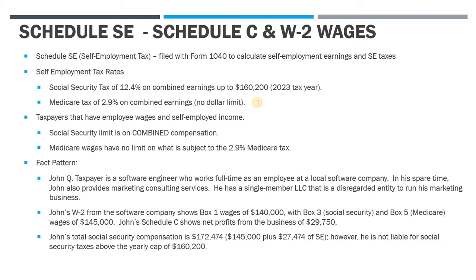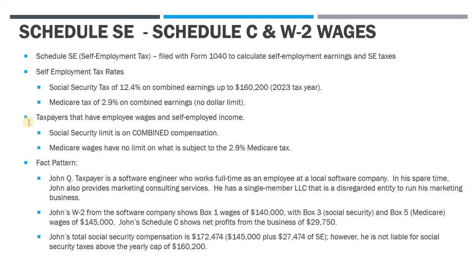So if you're looking at this in a future tax year or you're doing a previous one, you might have a different cap amount. So go check out specifically what limit applies to that year. But with the Medicare taxes, these are always just a flat 2.9% of whatever all your earnings are. So there's no dollar limit. Now, in this scenario where taxpayers have both employee wages and self-employment income, what are the things to be mindful of?